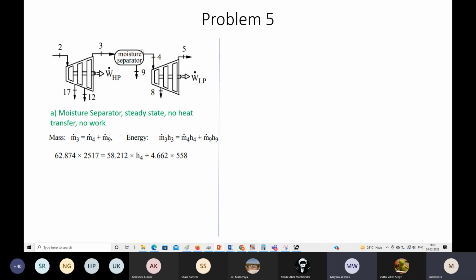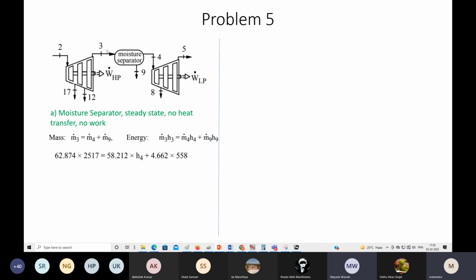What we are considering in this control volume is that there is no heat transfer, so the Q term in our energy equation is 0. This is not a device that produces work, unlike these, which are producing work over here. That is the reason the work term is also gone. And this is a steady state process, so the dE by dt term is also gone.